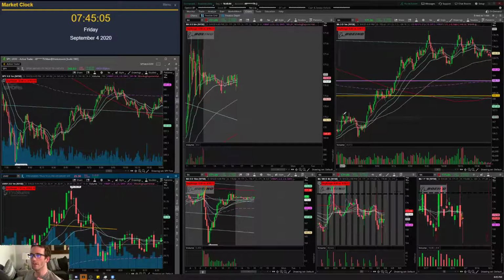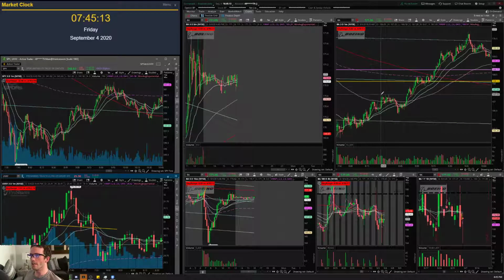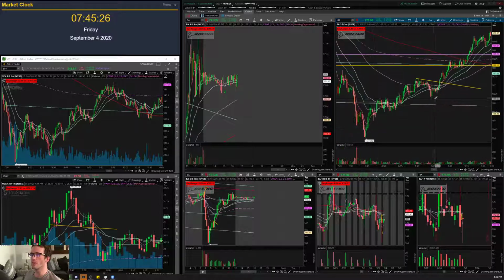This is breaking to the upside, and as you're marking this up, you're waiting for the neckline to break. You're on your ticker, honing in on what it's doing. Whatever the stock's doing, you're marking it out.